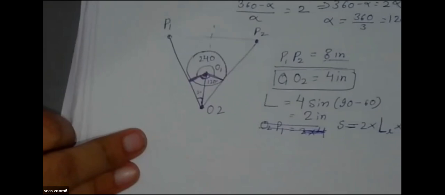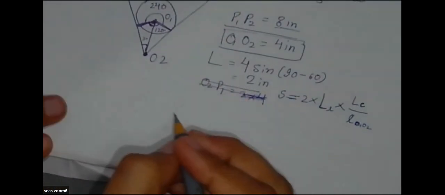If you remember this previous relationship, we determined that stroke length S is equal to 2 multiplied by the slotted lever's length, that is I'm just writing LL, into the crank length, so I'm writing LC, and then the distance between two centers, that is L O1 O2, है ना.